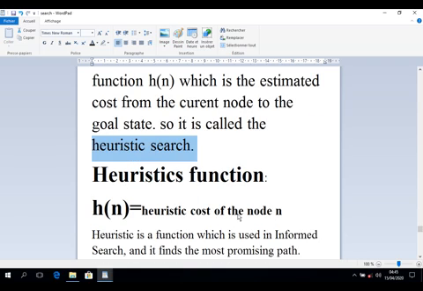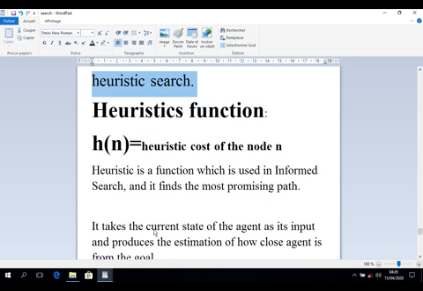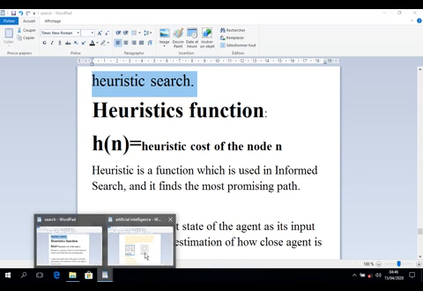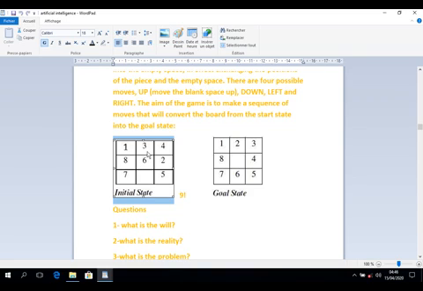So this function can give the cost to reach the goal, or can tell us how to get to the goal. So this heuristic is the estimate, or the estimated cost from the current node to the goal state. Is it okay? So that is why this informed search is called the heuristic search.